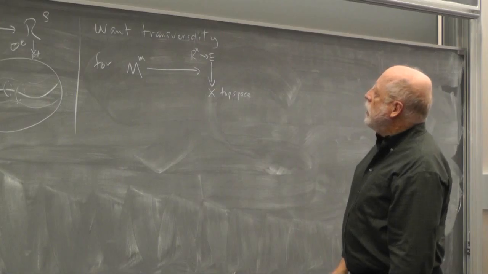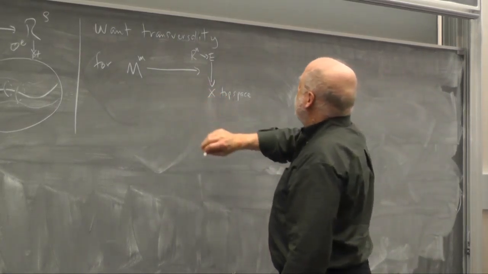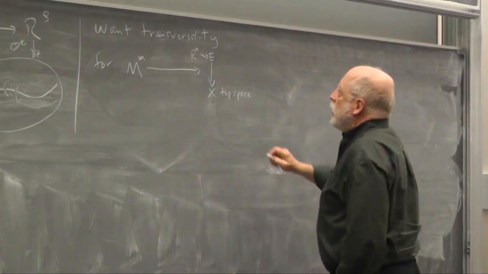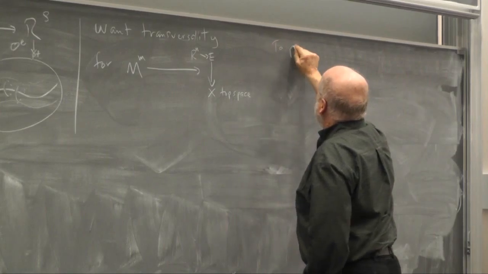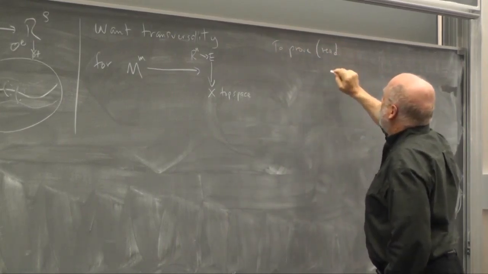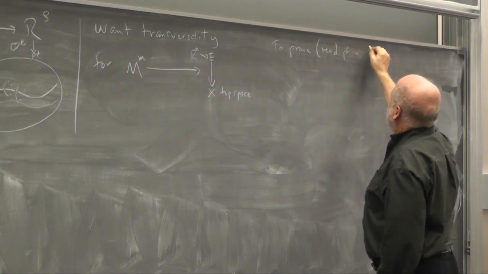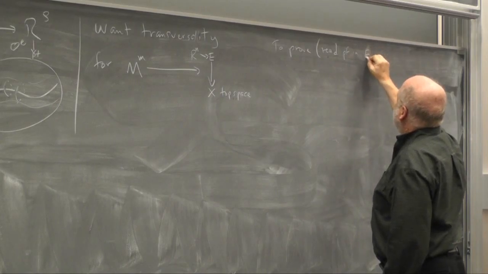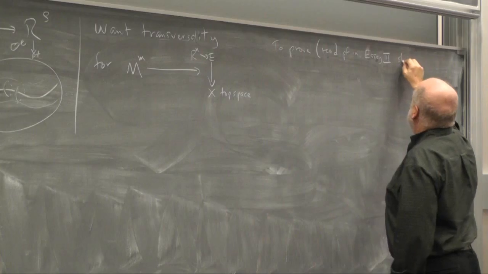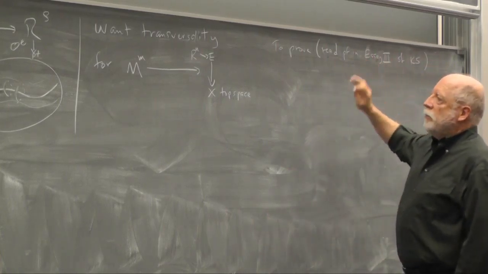And so how do we do this? Well, to prove this, I'm going to let you, if you want to follow further, read the proof in essay 3 of the book, Annals of Math Study, Kirby-Siebenmann.